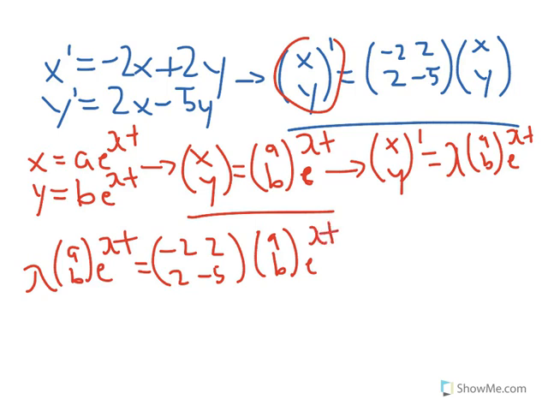Now we're all done plugging in. We notice immediately that there is a factor of e to the lambda t on both sides, so we can cancel those. Now you may be tempted to just drop the (a, b) vectors. However, you can't just cancel them because they are vectors and they do not have that property like these constants do. Now I'll erase these just to make it more clear.